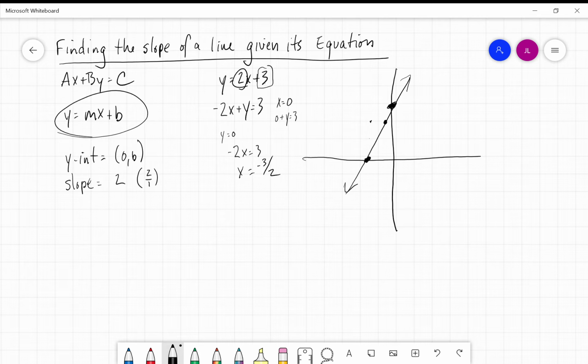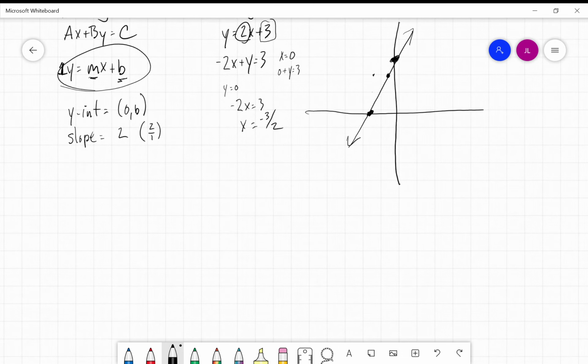So we can see that if we have a line and we're solving for y, which means y has to have the coefficient of 1, then we'll have an equation that gives us the slope as m and the y value for the y-intercept as b. I think this is a pretty easy thing for us to work with. This is what we call slope-intercept form.